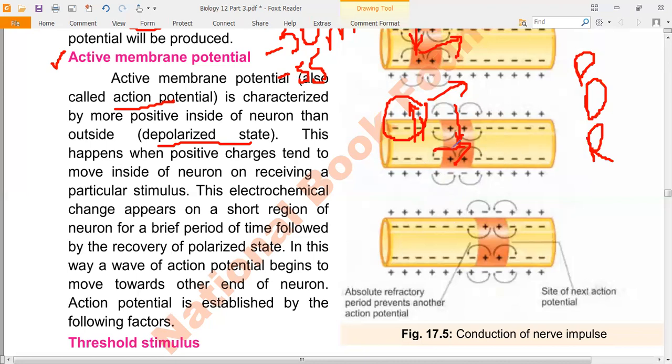Then the nerve impulse moves further forward, and from the back it is what we call the repolarization state. Now in the repolarization state, all sodium gates are going to close, and potassium gates are also going to close very slowly, until the sodium gates are closing very slowly.